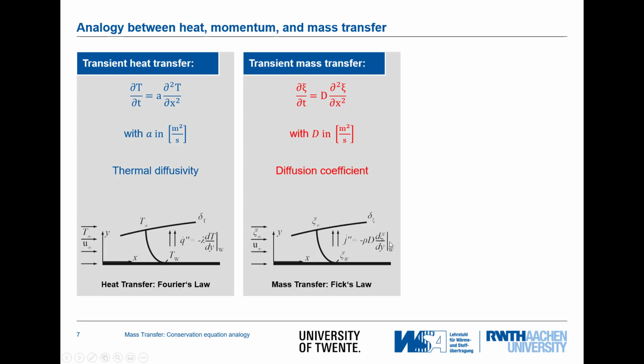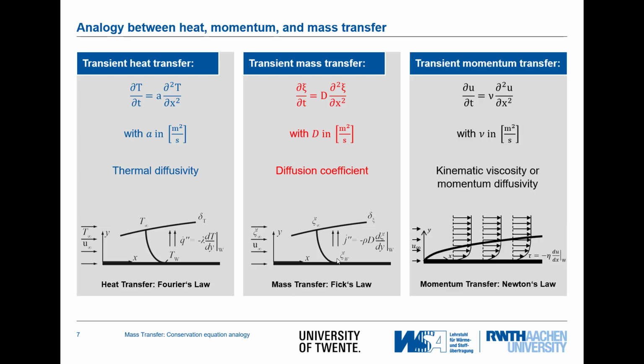And if we look here on the picture of the convective flow, we see that the picture is nearly the same, only the temperature is changed to the mass fraction xi, and this here is at infinity. Here we have at the wall a specific given concentration, and there's no difference, so we can use a lot of knowledge that we had learned for heat transfer also in the mass transfer description of problems.